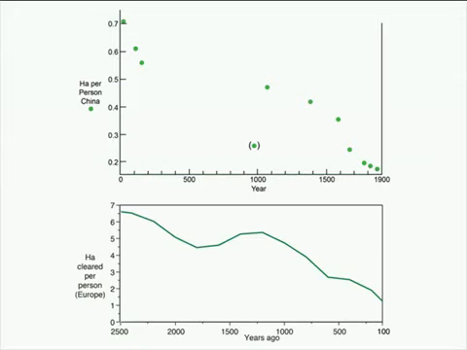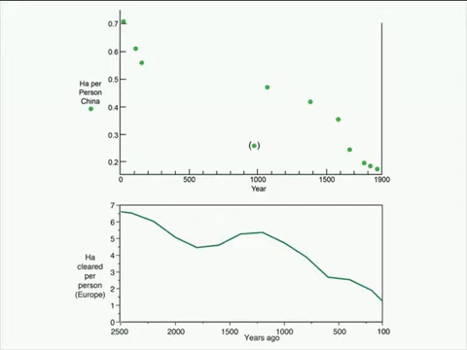And so there are many more hectares per person than the plot at the top. But the trend is quite similar. You go from 6 or 7 hectares per person deforested in Europe 2,500 years ago to about 1 or 2 in the last few hundred years. Again, about a factor of 4 decrease.